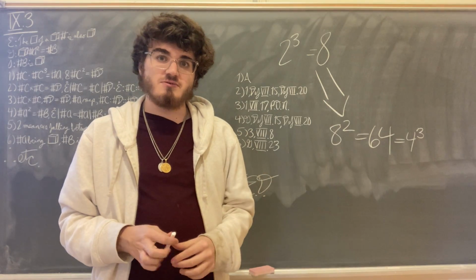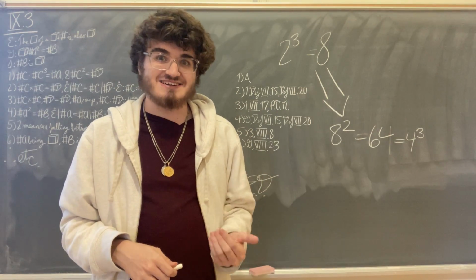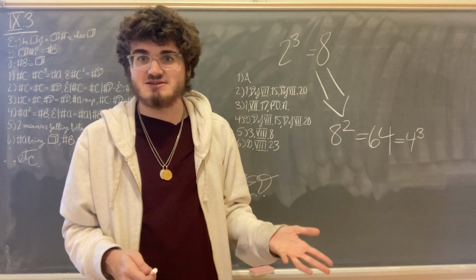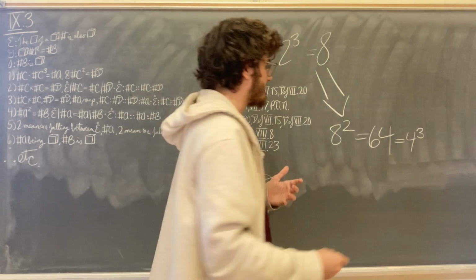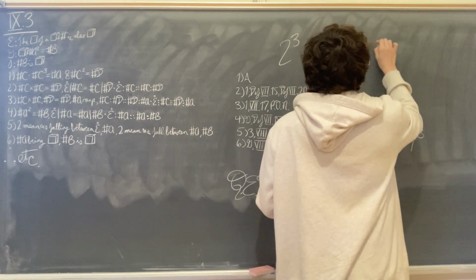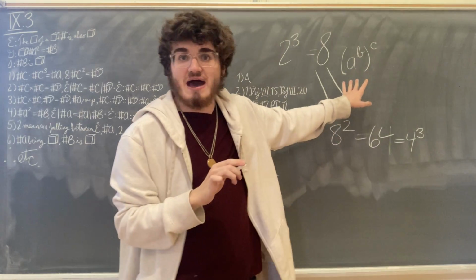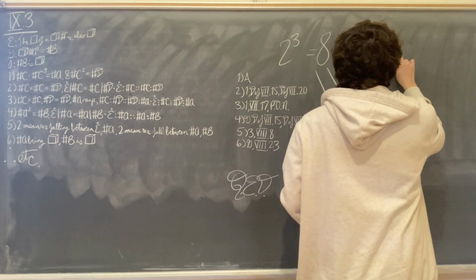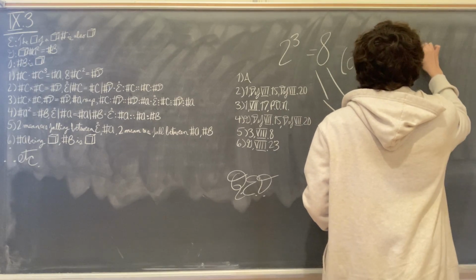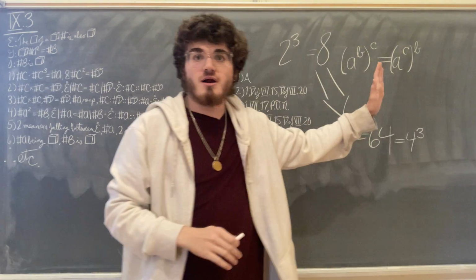One final remark to make about this proposition is that this sort of logic might seem obvious to us who are used to these exponent rules. We know that if a is raised to some power b, and that whole thing is raised to some power c, this is the same as taking a to the power c and raising that whole thing to the power of b.